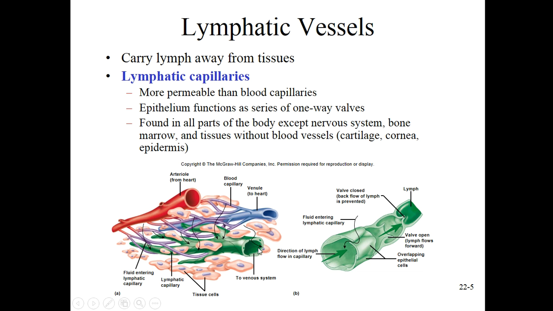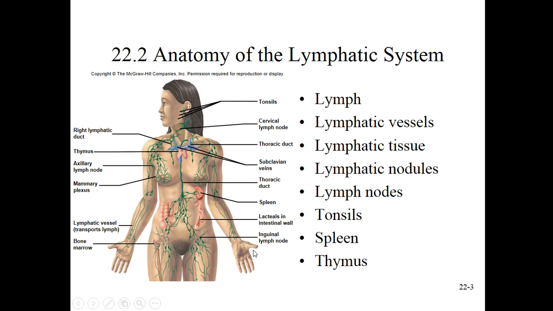So we actually have two parallel systems bringing fluid back towards the heart. The venous return, which carries blood into the heart directly, and these so-called lymphatic vessels carry this lymph up to the subclavian veins, where the lymph becomes blood plasma once again, right before it flows back into the heart.